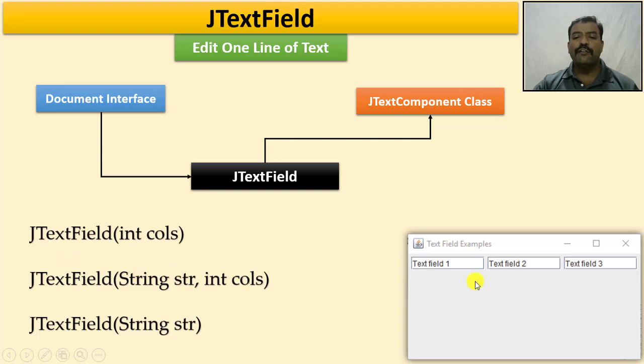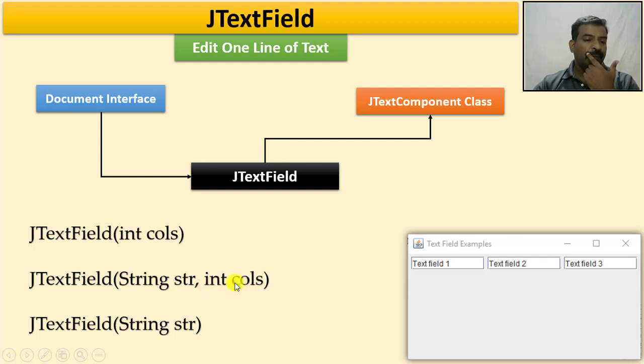Now by default, when I execute this particular program, you can see there is a message called text field 1. This is a default text or a string. If you want to put something like this, I'm going to use String str, whatever default message I want to display, and the number of columns, the width of the text field.